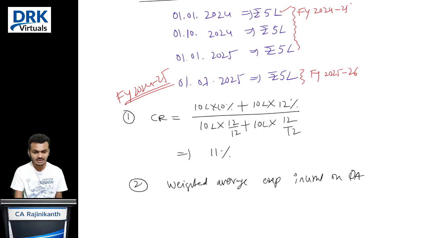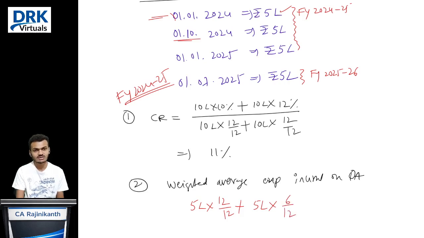So first 5 lakh into how many months it's outstanding? It outstanding for total year. Next 5 lakh, first October. It means what? 6 months. First October to 31st March. Next, first January. Next 5 lakh is first January. It means 3 months.